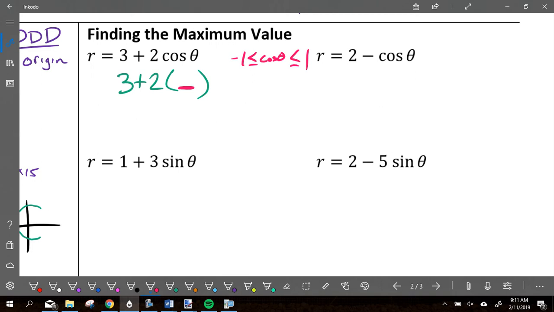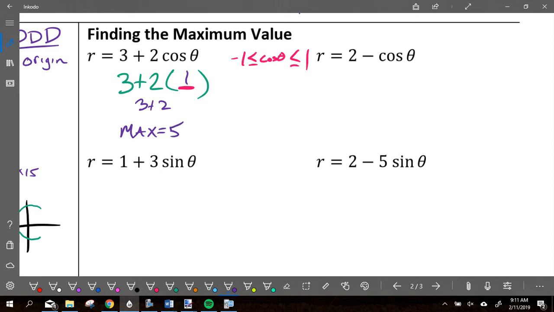And so if I want to find a maximum or a minimum, I'm basically just thinking, what number do I want to plug in, -1 or 1? For this problem right here, 3 plus 2 times something, what number would I want that to be, a 1 or a -1? A 1, because if it's at 1, it's 3 plus 2. And so you're going to have a maximum value that is equal to 5.